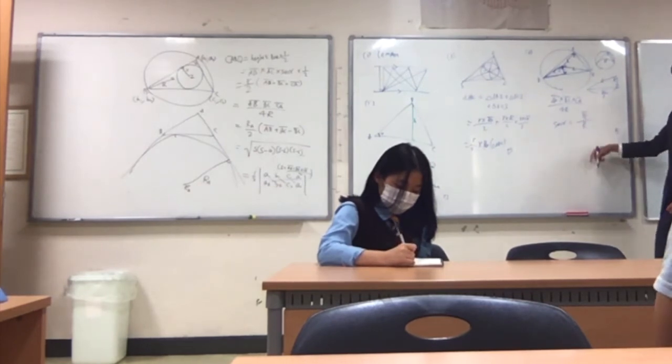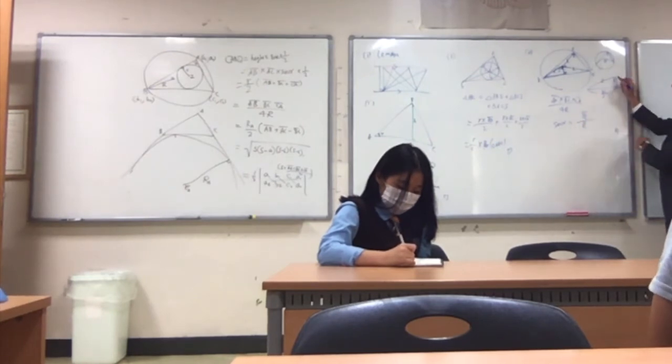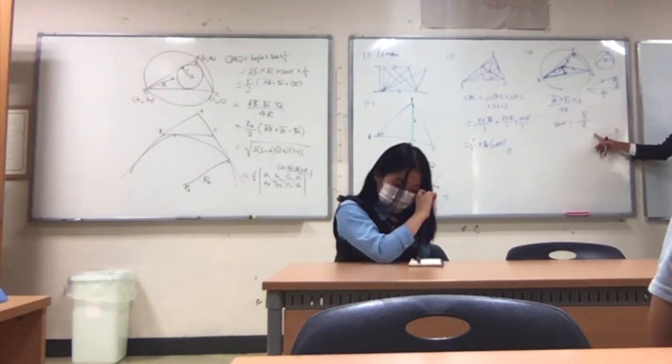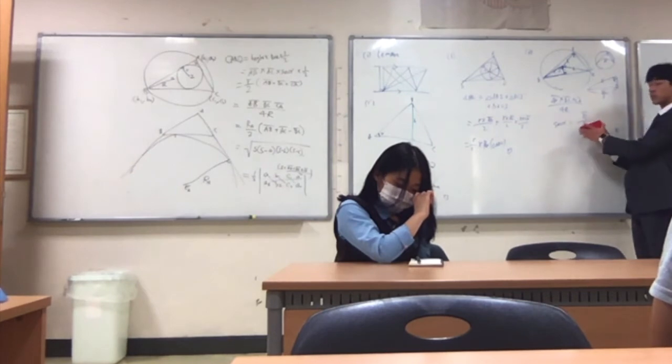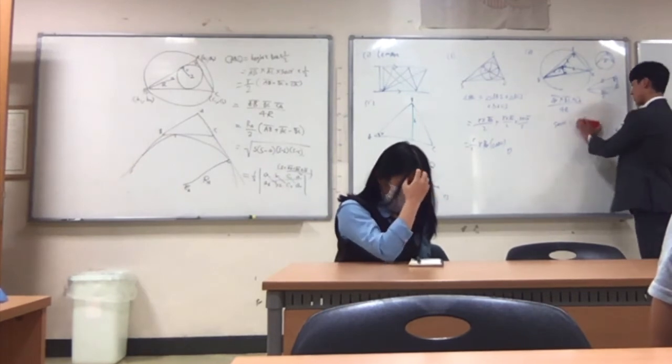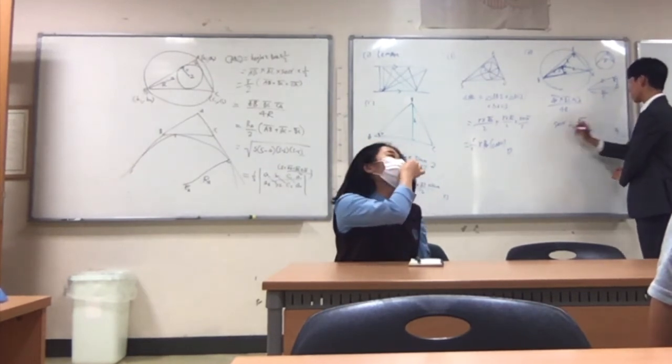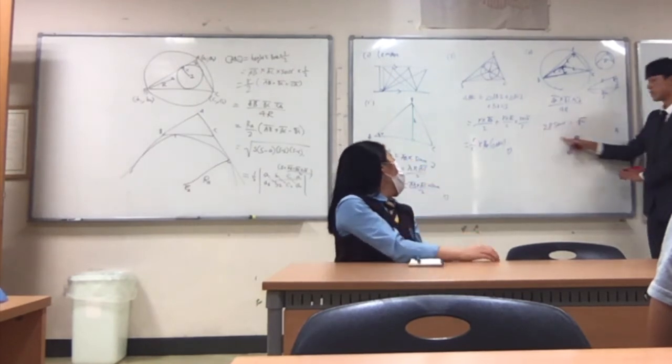BC over 2 over R, right? Because alpha is here, and we can use SOHCAHTOA to find sine alpha. Then we rearrange this formula to represent BC in terms of other things, and that becomes like this.